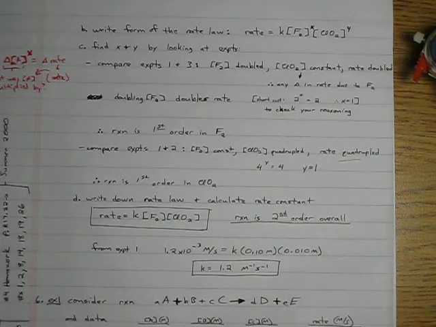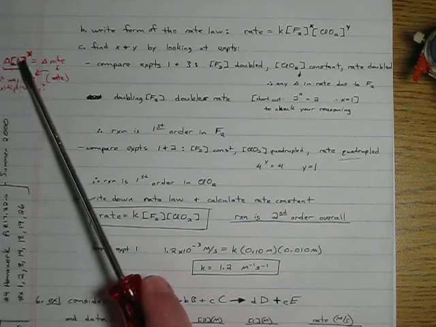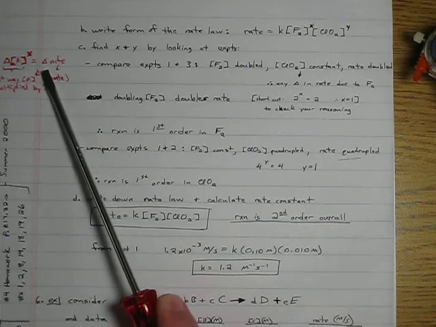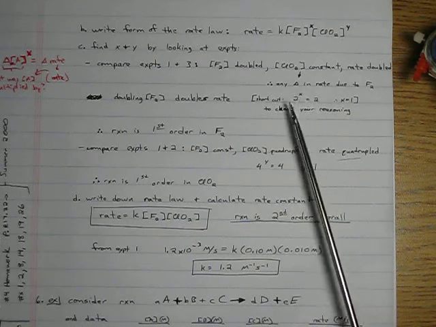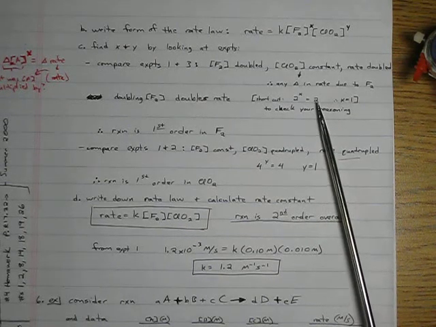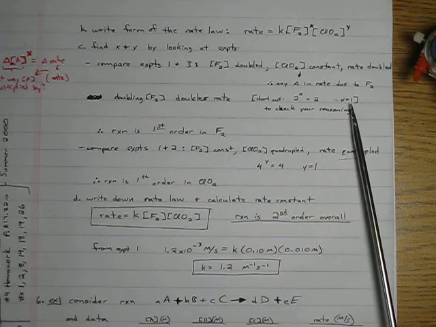And that's what we're going to do here. What did you multiply the concentration of A by, to the power X, will equal what the rate got multiplied by. We multiplied the concentration of F2 by 2, we doubled it. The rate doubled, meaning it got multiplied by 2 also. 2 to the X equals 2, and hopefully you can solve that. 2 to the X equals 2, X equals 1.